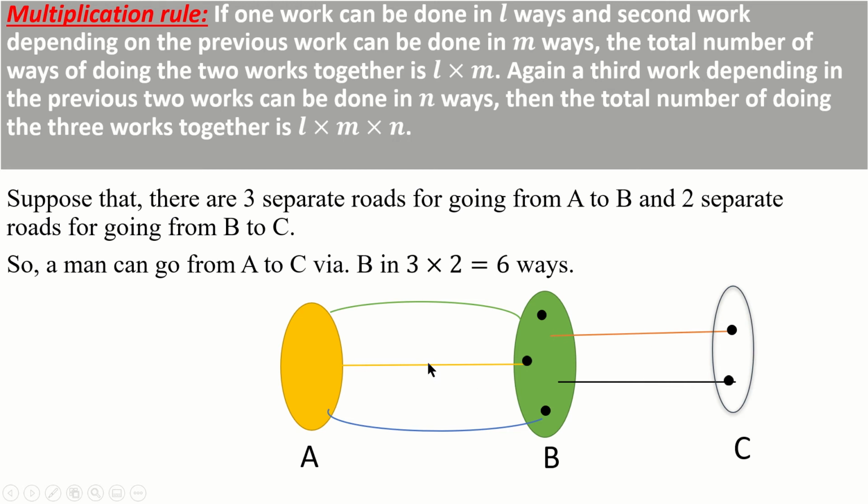Similarly, for the second path, he can go from B to C in 2 ways, and for the third path he can go from B to C in 2 ways. That means total will be 2 plus 2 plus 2, that means 6 ways. This is the multiplication rule of counting. Clear?